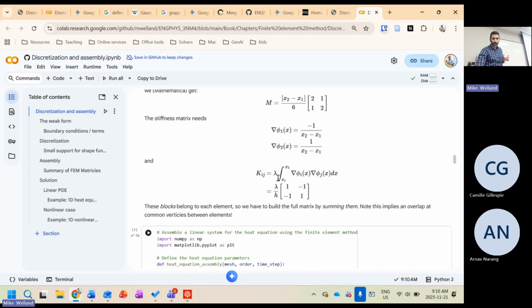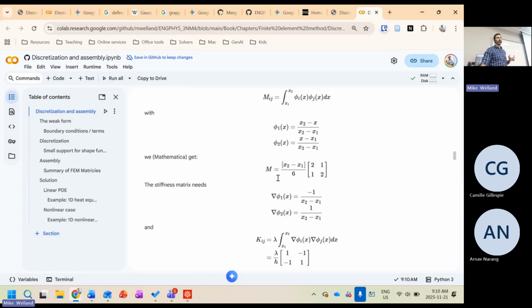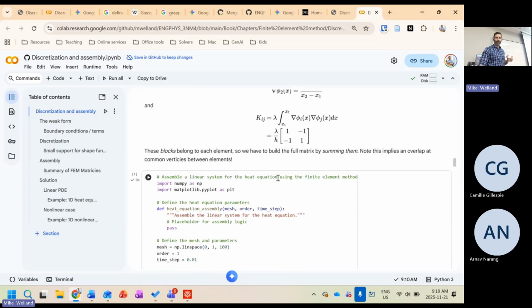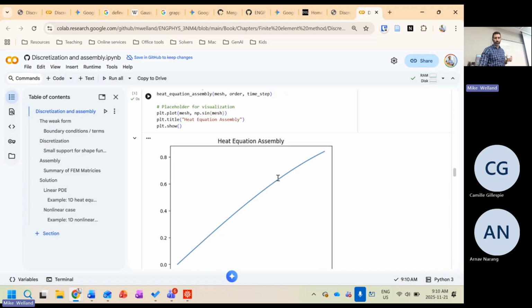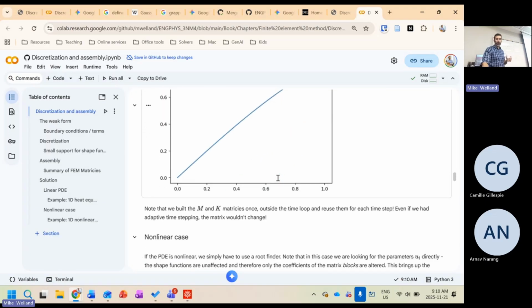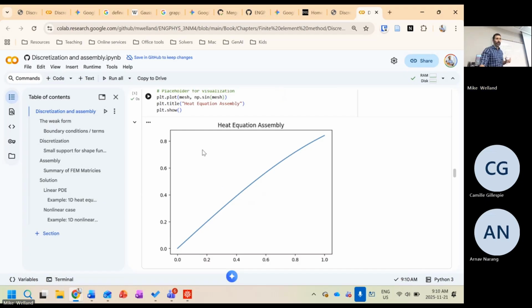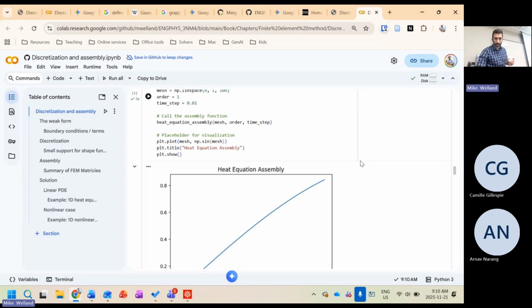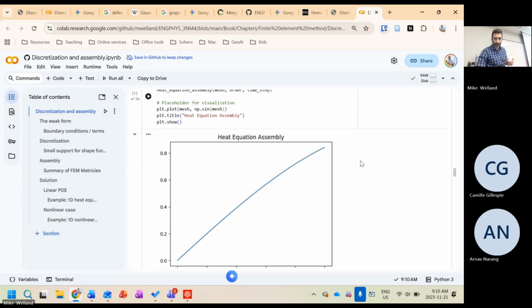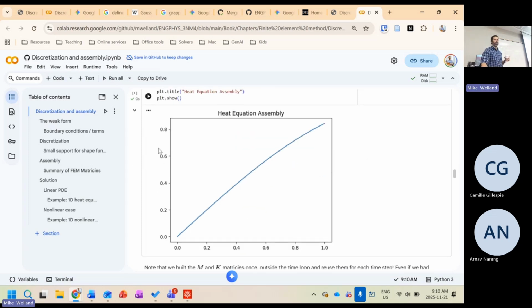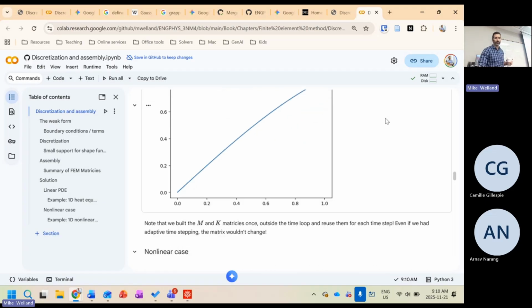Funny thing is, all the math formatting works just fine in Colab. It's only in the Jupyter book. Okay. And we've got our heat balance. This heat equation is, if I'm not mistaken, the temperature over time, and just nice normal behavior, as you would expect.